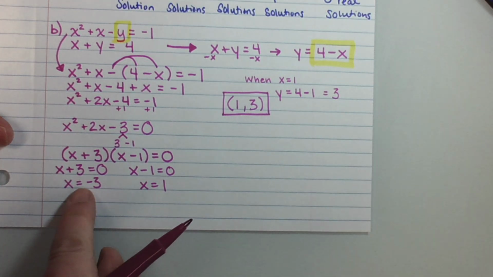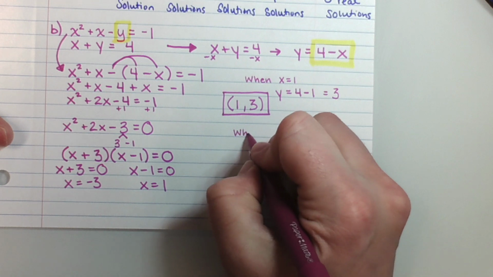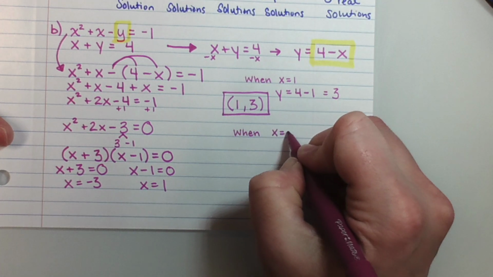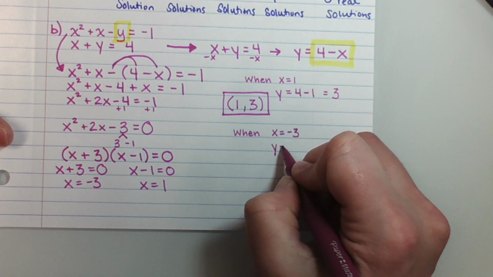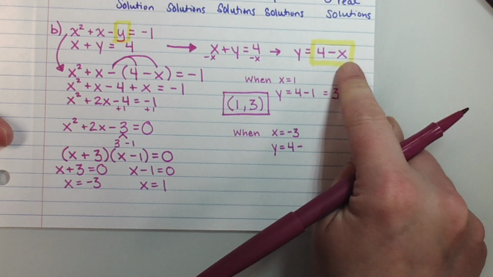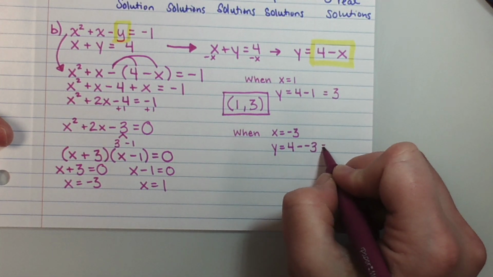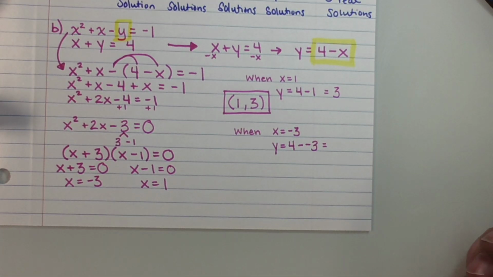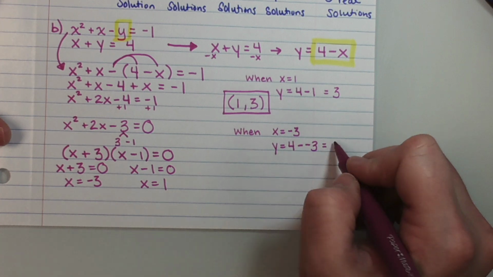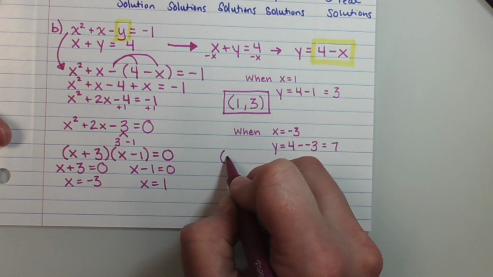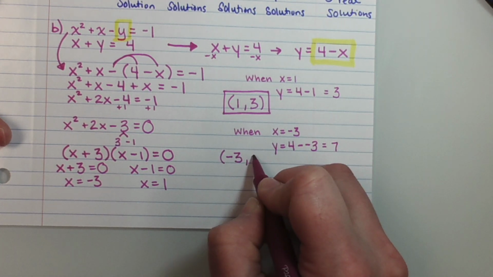The other x value I had was negative 3. When x equals negative 3, y is equal to 4 minus negative 3, which is 7. The other solution is negative 3, 7.